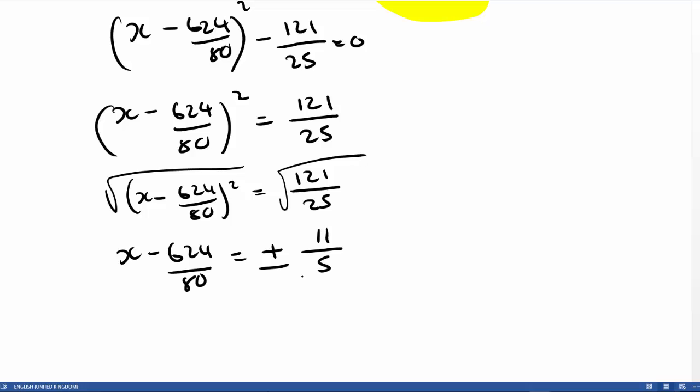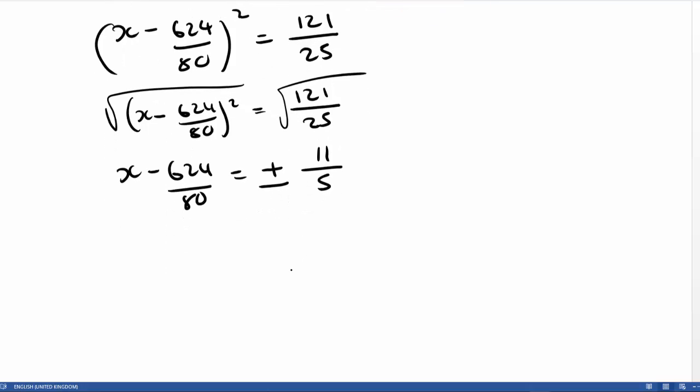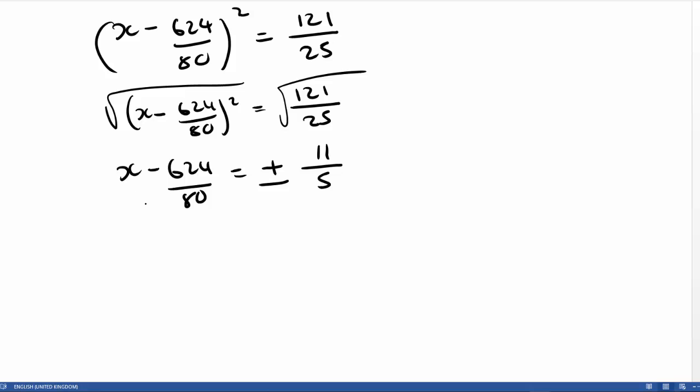Right. Now, what we're going to do, we're going to get x on its own by adding 624 over 80 to both sides. So we're just going to move this to the other side of the equal sign. And that's going to become 624 over 80 plus or minus 11 over 5.